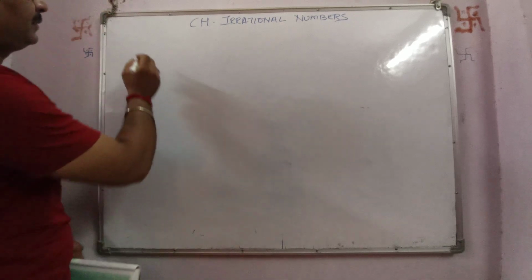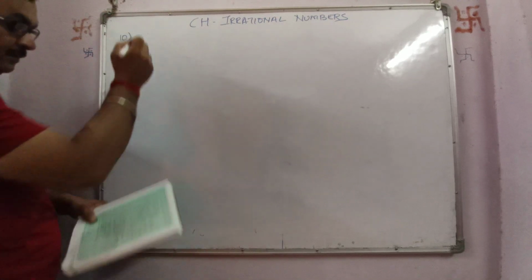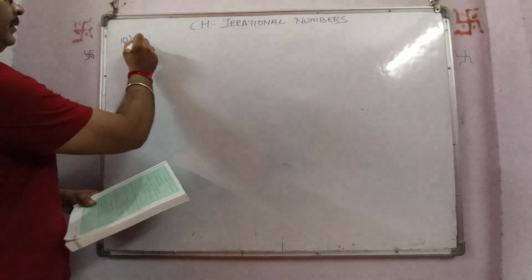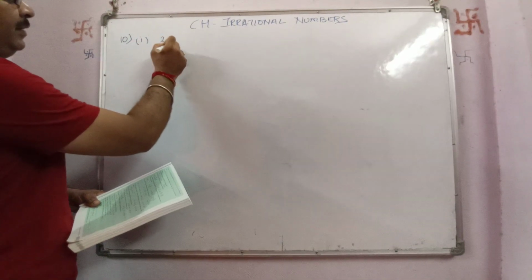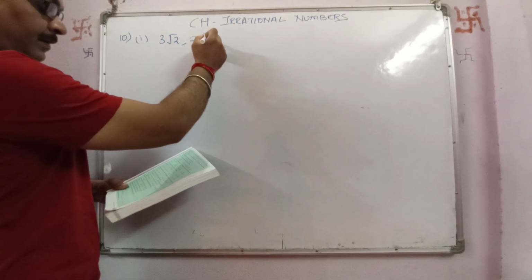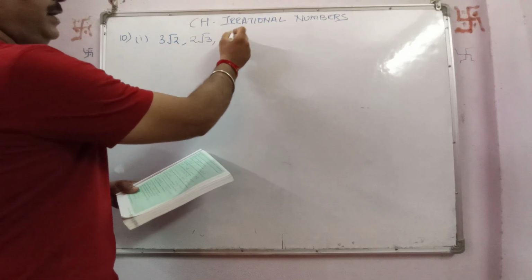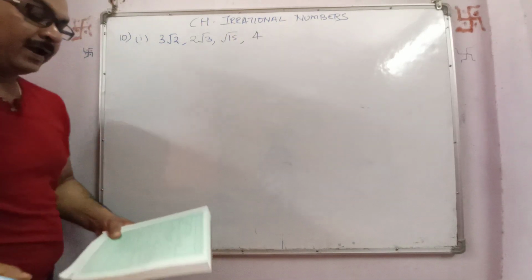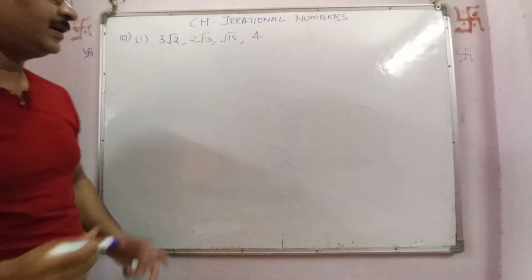Okay students, we will do some questions. Say in question number 10, write the following numbers in ascending order. The first part, 3 root 2, 2 root 3, root 15 and 4. We have to write these numbers in ascending order.